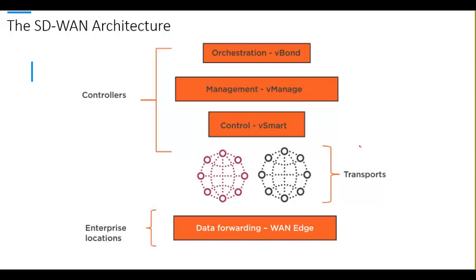vManage knows who is connected where, and vManage knows who has enrolled through which vBond. vManage is the all-knowing person. He's like a boss to which every vBond reports. So if you ask me what is the link between these vBonds, we manage only the link.